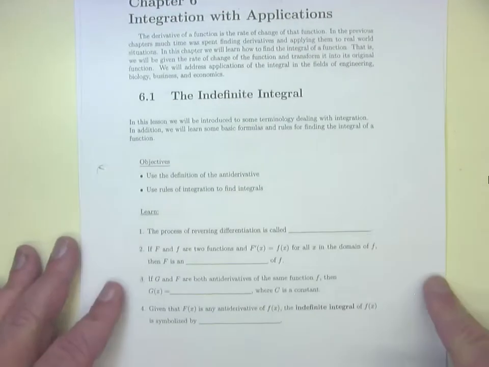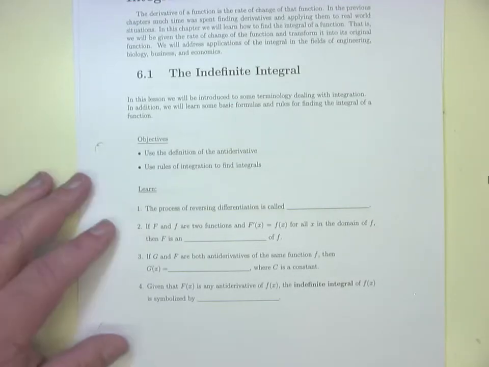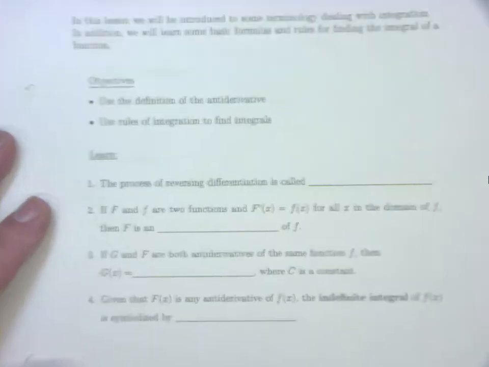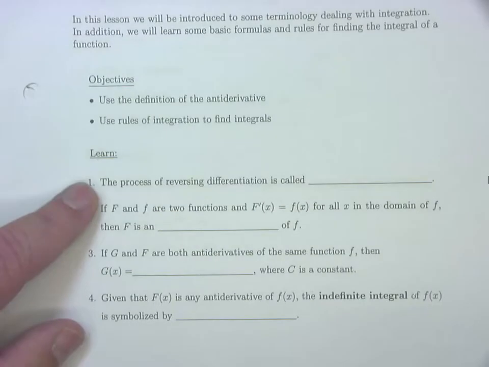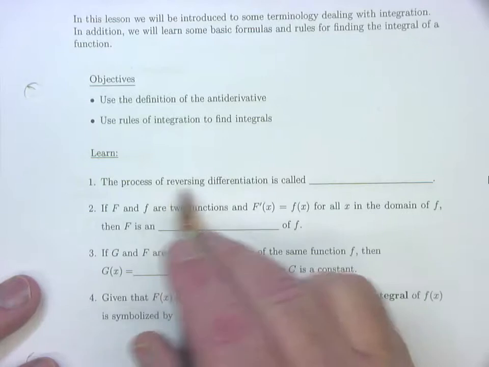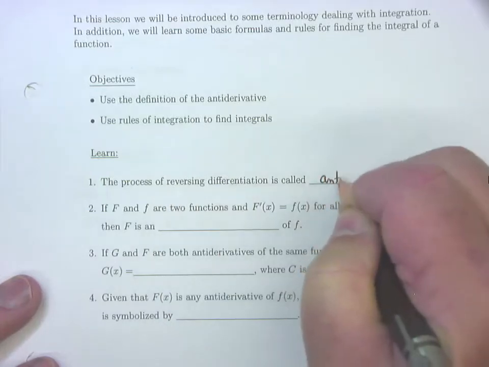So basically this whole section is about rules of integration or anti-differentiation, finding the integrals. Okay? Okay, so, in words, the process of reversing differentiation is called anti-differentiation.